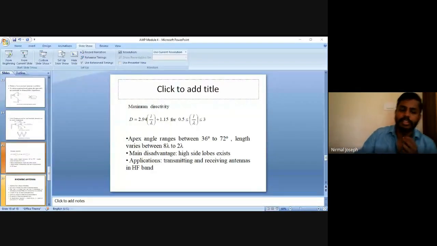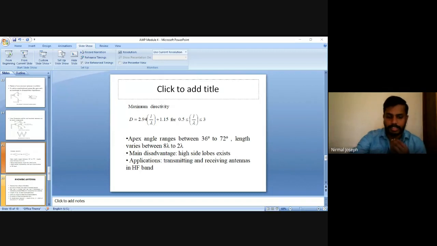That means with higher wavelengths, it is not possible. If the wavelength is very high, we cannot have that much length for the antenna legs. So if the wavelength is higher, we cannot use this V antenna.